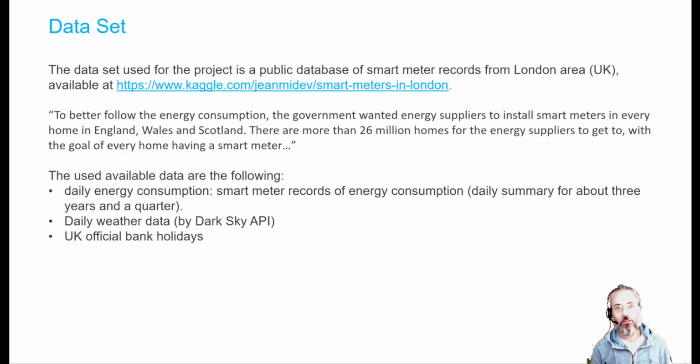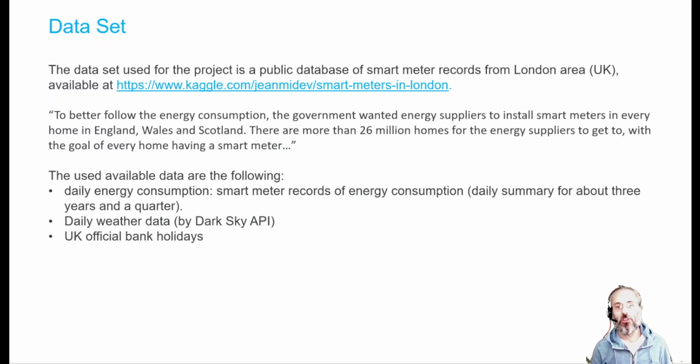The dataset that I used in the project is a public database of smart meter records of electricity from the London area, UK, which is available at the website kaggle.com. To better follow the energy consumption, the government wanted energy suppliers to install smart meters in every home in England, Wales, and Scotland.